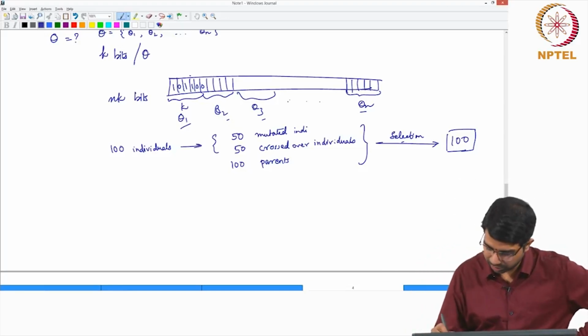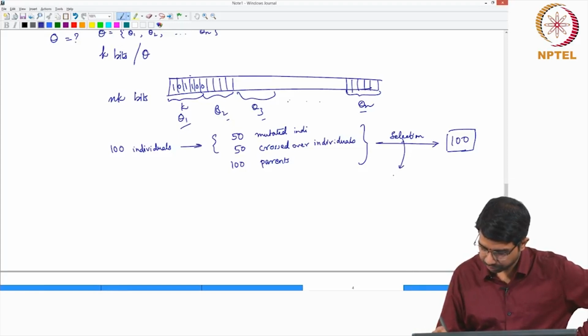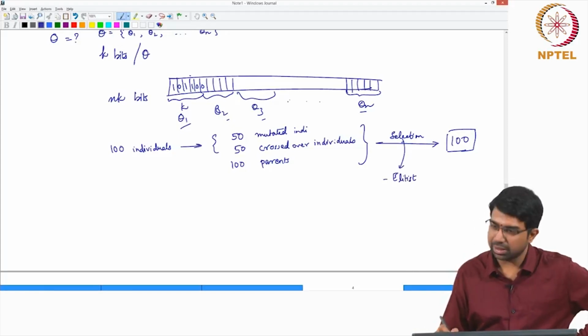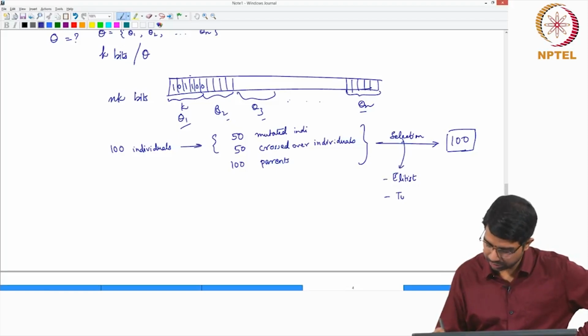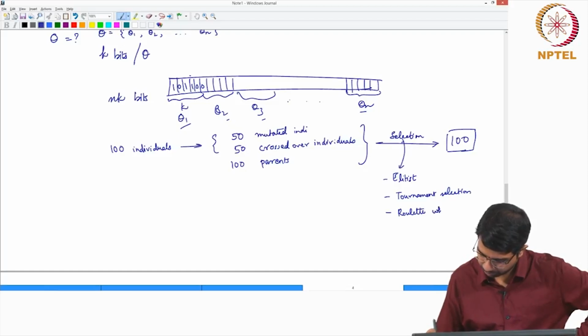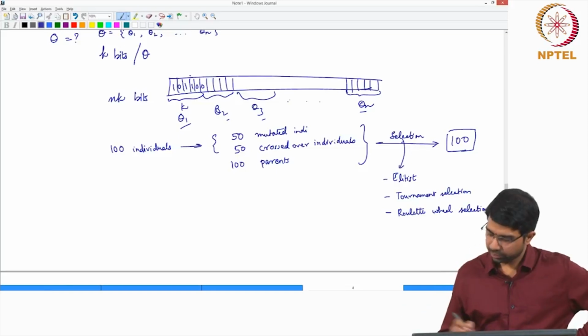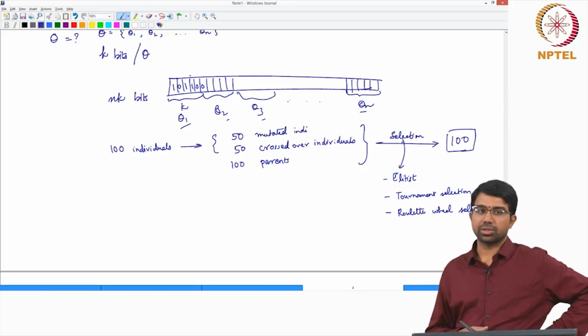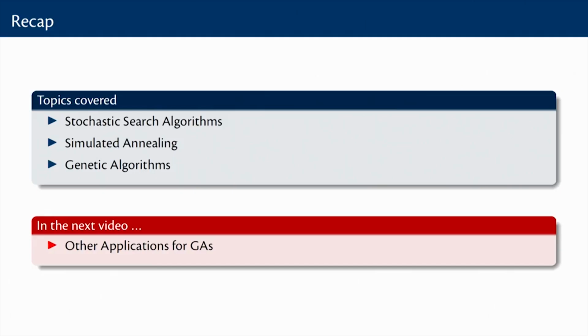You can have what is known as elitist selection, you can have what is known as tournament selection, or roulette wheel selection.